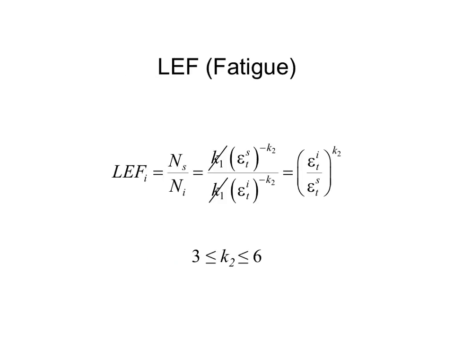Then using the same expression, you may have the load equivalency equation as the tensile strain incurred in the ith vehicle upon the tensile strain incurred due to the standard vehicle, to the power K2. This factor will give you the load equivalency factor, and it is normally seen that this power K2 comes in between 3 and 6.